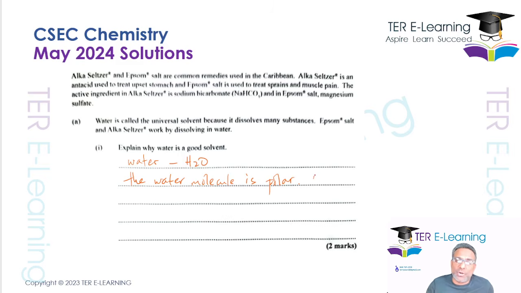Oxygen is more electronegative than hydrogen, making the O-H bond polar.